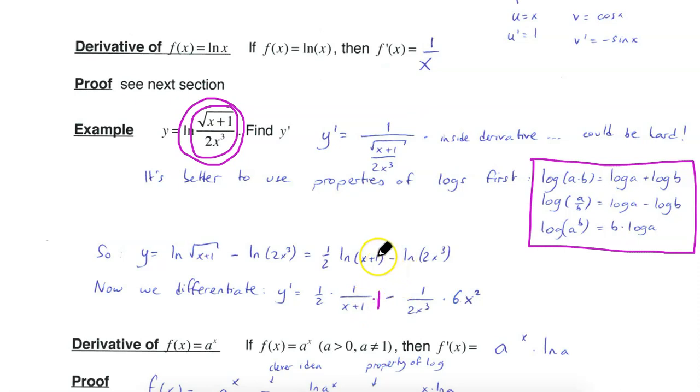The derivative of x plus 1 is 1. So we don't have to put it. Minus the derivative of ln of 2x cubed is 1 over 2x cubed times the inside derivative, which is 6x squared. So conclusion from this exercise, sometimes logs, using algebraic rules for logs, can be useful before using calculus.